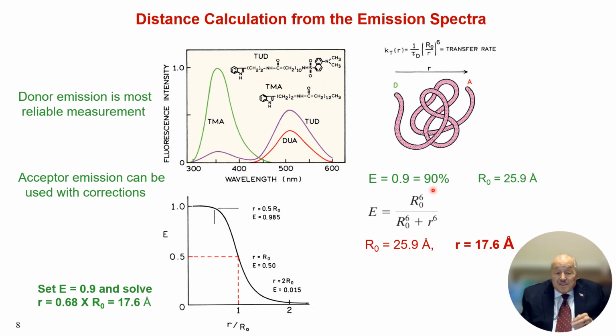The way you solve this is you set the efficiency to 0.9, and then you can solve this equation for R in terms of R0. So this is the expected result, that they're closer because the transfer efficiency is so high. The distance between the donor and acceptor had to turn out to be lower than the Förster distance.